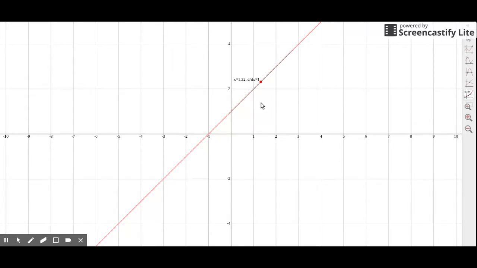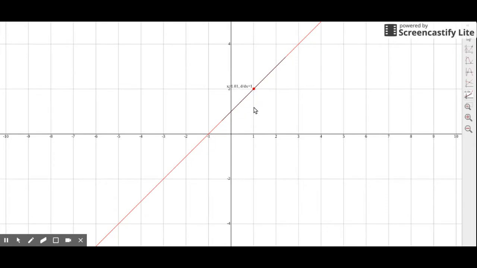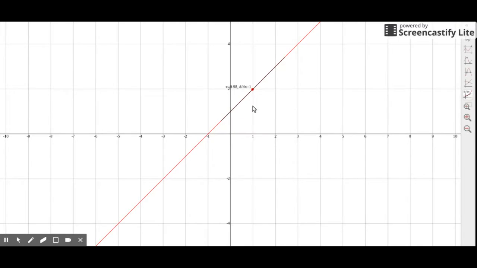Now, you can see x is equal to 1.47, and we're actually going to be looking at the point (1, 2), so this point right here. We're going to be asked to find the slope of the tangent line at the point on the graph at (1, 2).